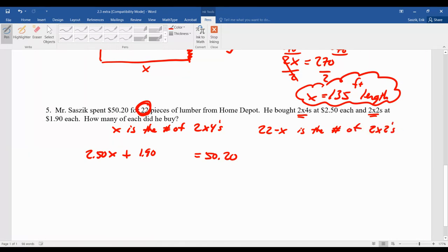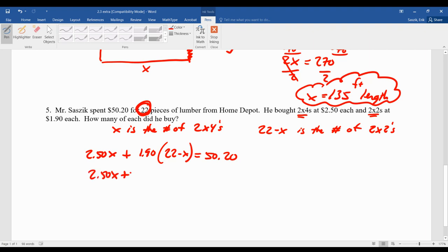Just think. If I bought one 2x4 and I bought 22 items altogether, that means I had to have bought 21 2x2s, right? Okay. If I bought three 2x4s and I bought 22 items altogether, 22 minus 3 would give me 19. I bought 19 2x2s. So it's always going to be 22 minus X.